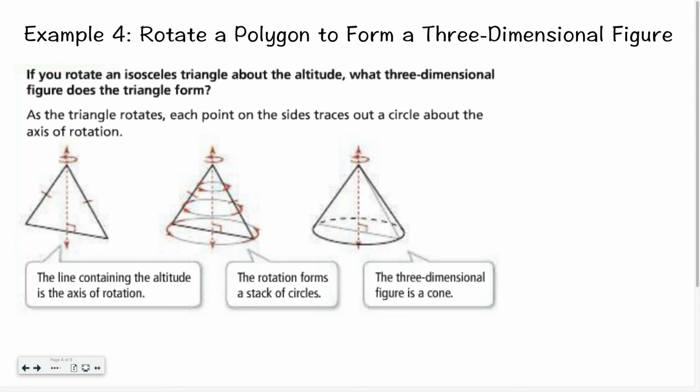There are 3 nice steps there to show you that, hey, as you rotate it, it becomes a cone. If you're having a hard time visualizing it from these pictures, go into your online book. There's another interactive triangle that you can spin and see how it makes a cone.